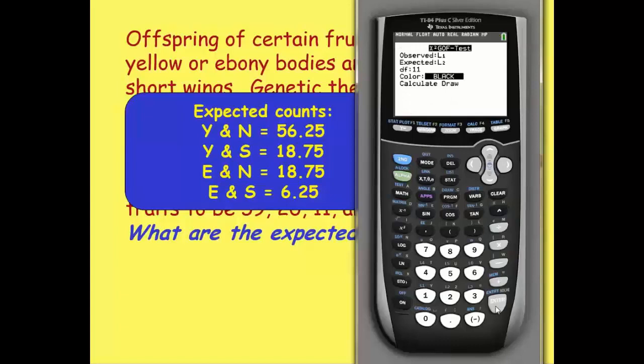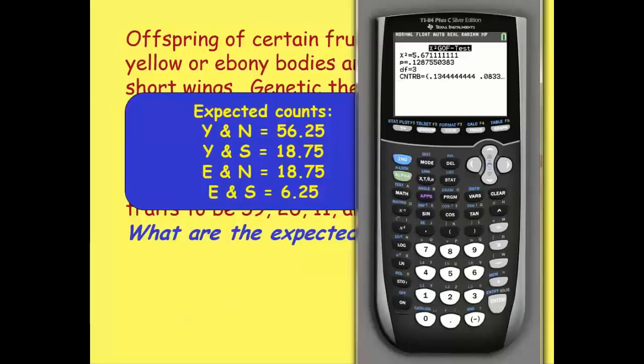I have my observed in list 1, my expected in list 2, and my degrees of freedom. Remember there are 4 categories, so minus the 1 gives us the 3. We calculate that, and it gives us 5.67 with a p-value of 0.1287.